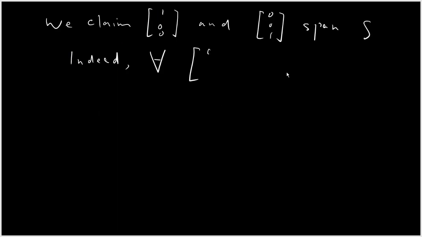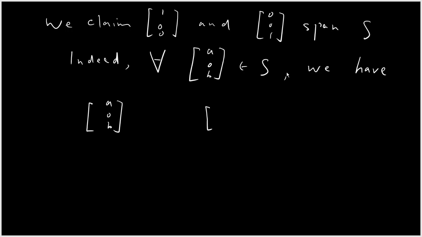And just use A0B for any vector in S. We want to write every vector in S as a linear combination of the two vectors. So now let's say A0B. That's an arbitrary vector in S. Now we want to write the arbitrary vector in S as a linear combination of the two chosen vectors, 1, 0, 0 and 0, 0, 1.